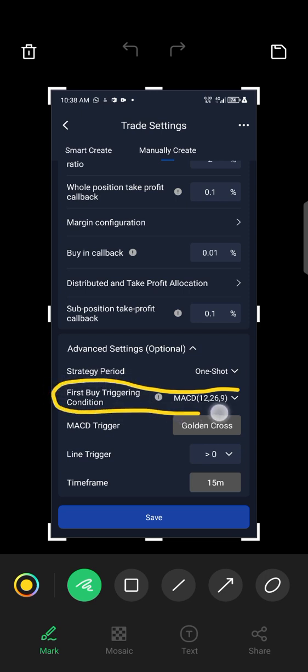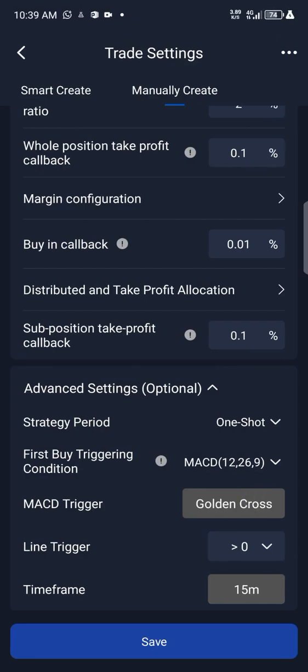So this is the MACD that I selected. Now it's giving me either a golden cross or a death cross, and then it will ask you, are you looking for a golden cross below the zero line or above the zero line? And so that is what we want to do. So we'll click on the golden cross.